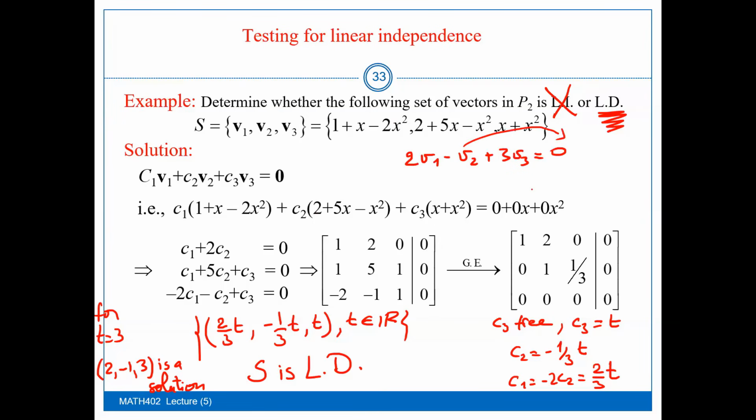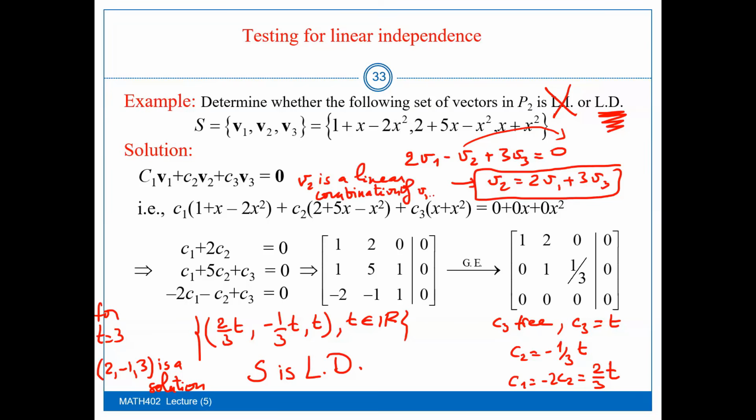If we solve for v2, it means that v2 is 2v1 plus 3v3. So there is a relationship between v2, v1, and v3. v2 is a linear combination of v1 and v3. So they are not independent, they are related, they are dependent.